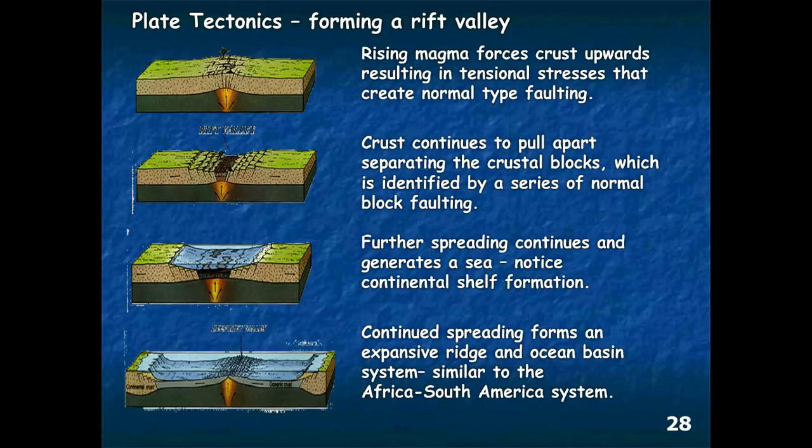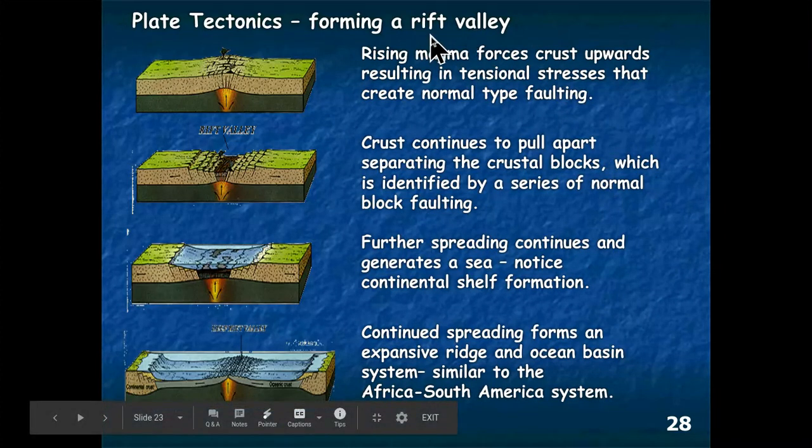But let's take a look at how a continent splits apart. First, we have to apply a term that relates to the splitting apart of a continent. We used the word divergence, and we mainly use that for ocean floor material. For continents, we're going to use the term rift.